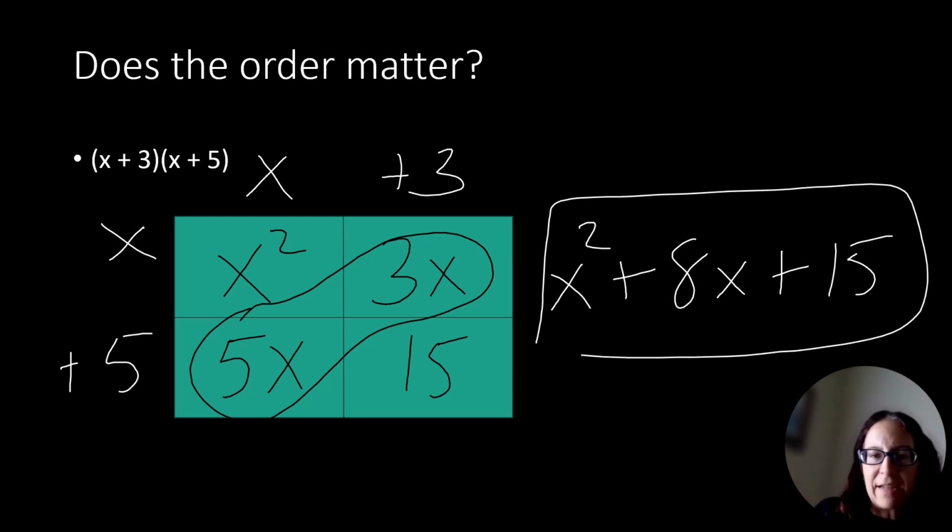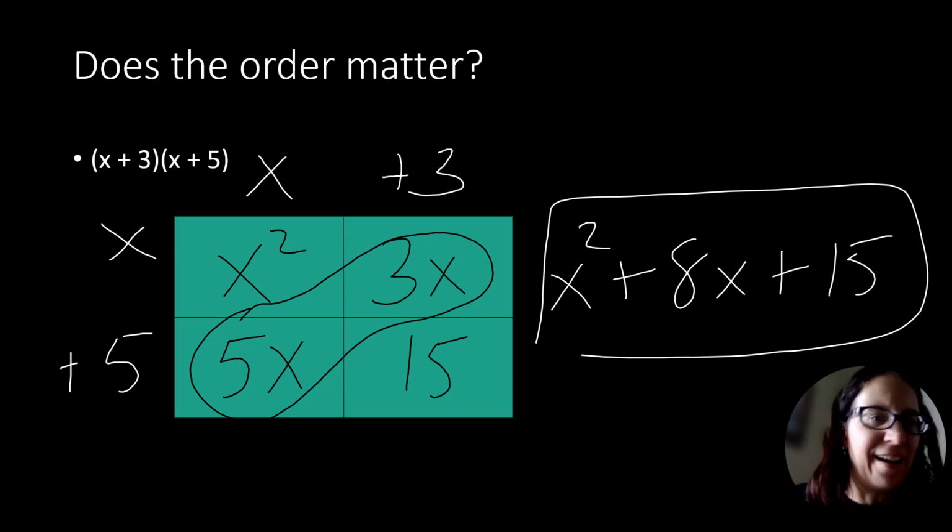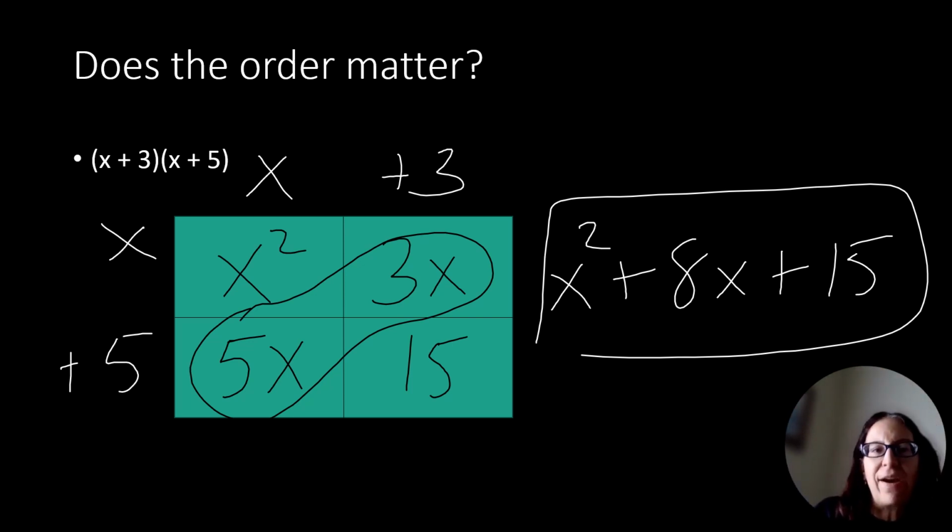That goes all the way back to that beginning rectangle. We had like 3 times 5, and I could put the rectangle like this way or this way. Okay, and it didn't matter, they were going to have the same area. Now, this is going to come up when you guys are doing your factoring, because depending on where you put, say, the 5x and the 3x, some of you are going to put the 5x up here and the 3x down here, and some of you are going to put the 5x here and the 3x here, and you're going to wonder, does it matter which one of those x's I put in which position?